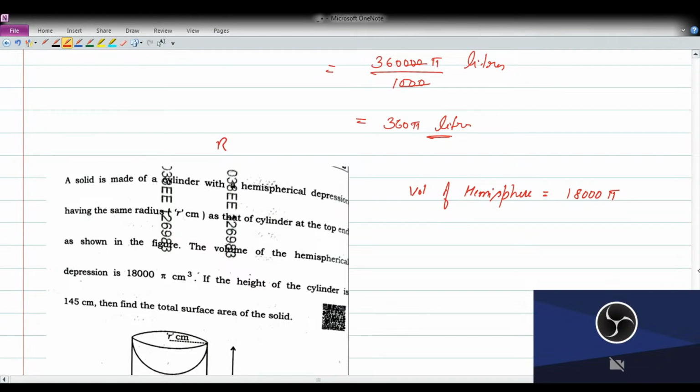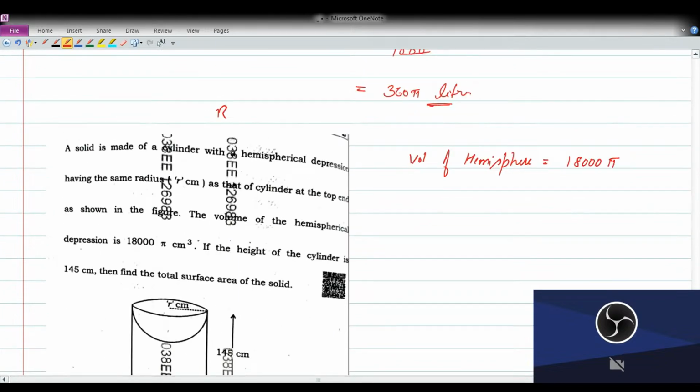To find the total surface area of the solid, I need the radius. For that, the volume of the hemisphere is given. What is the formula? 2 by 3 pi r cube is equal to 18,000 pi. So pi and pi get cancelled. r cube is equal to 18,000 into 3 divided by 2. 2 nines are 18, it becomes 9,000. 9 threes are 27, it becomes 27,000.